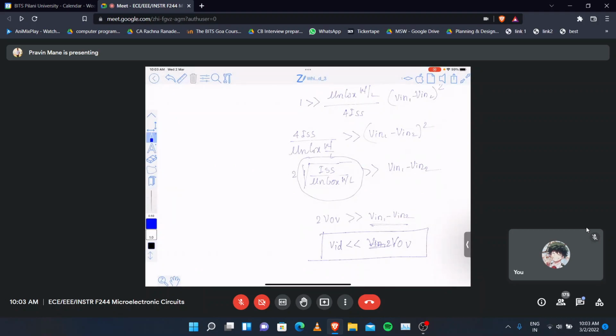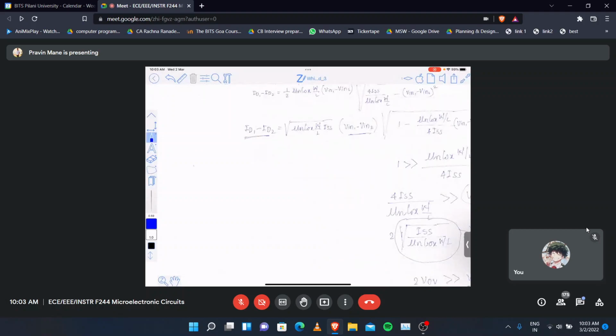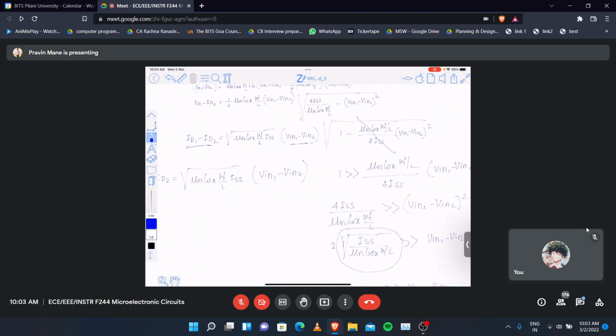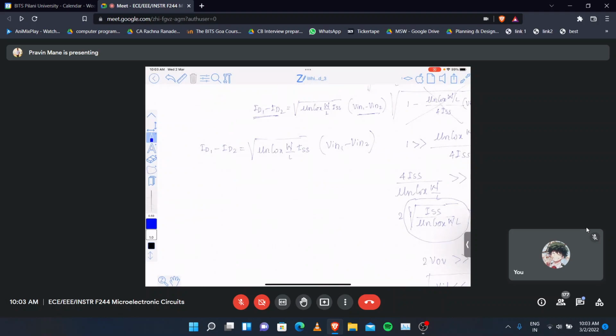If this condition is satisfied, ID1 minus ID2 will be equal to square root of mu n Cox W by L times ISS times (Vin1 minus Vin2). So this factor will not be there.